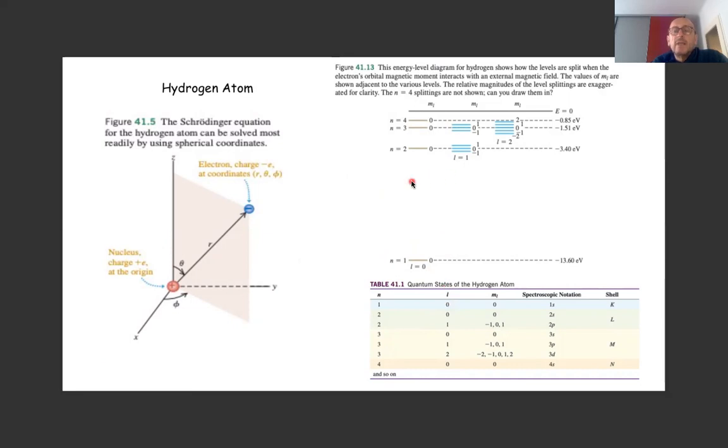So the L values can go from 0 to n-1 for each of the energy levels. This is the right solution. That condition is found to be a right solution in such a way that the wave function is finite at infinity.